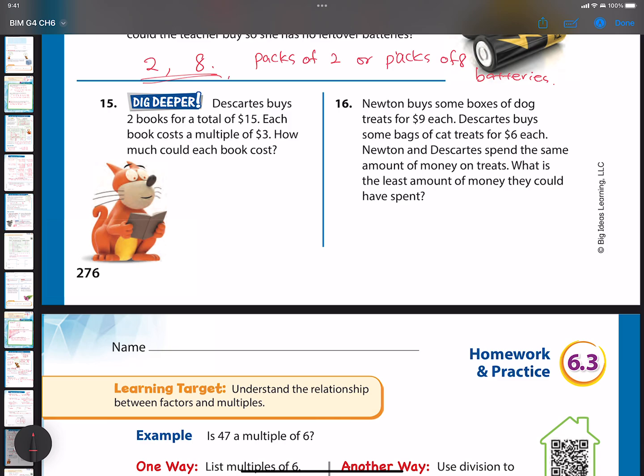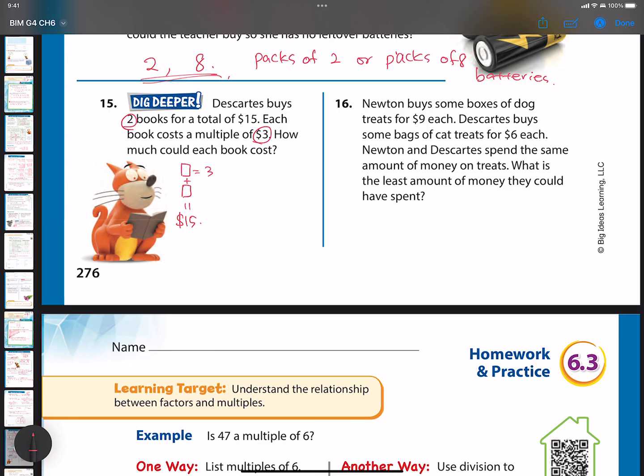Descartes buys 2 books for a total of $15. Okay, each book costs a multiple of $3. Okay, we don't know yet. And he purchased 1 book and 2 books. When he adds them together, it was what? $15. Okay, and then each book costs a multiple of 3, which means what?